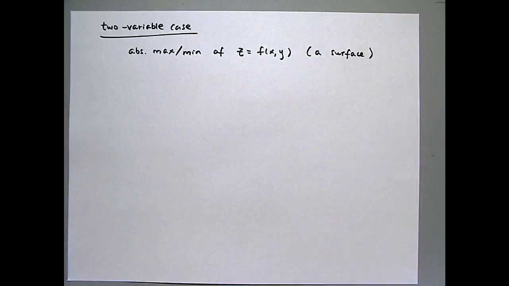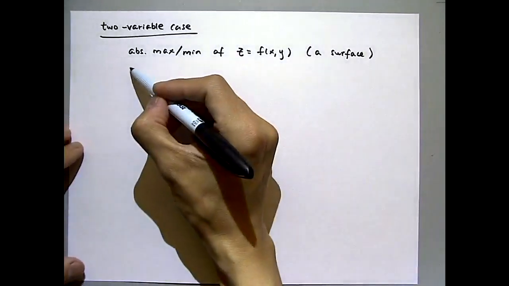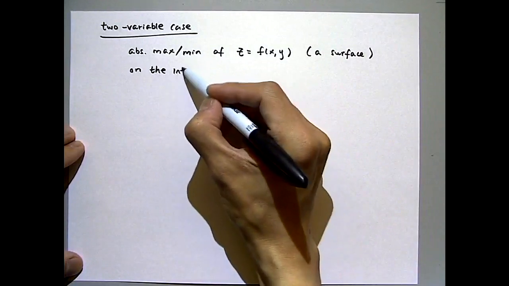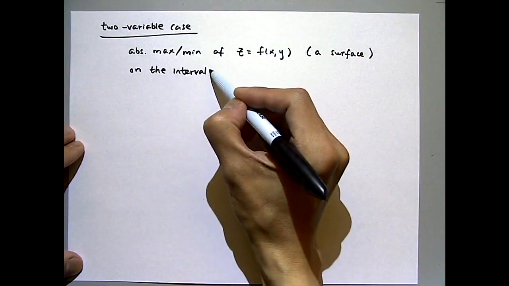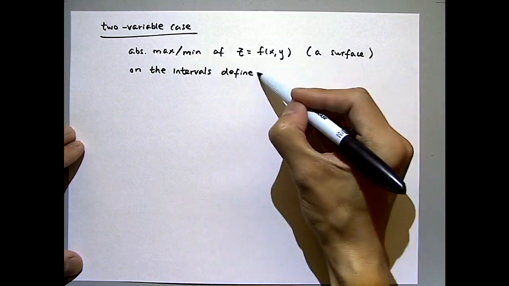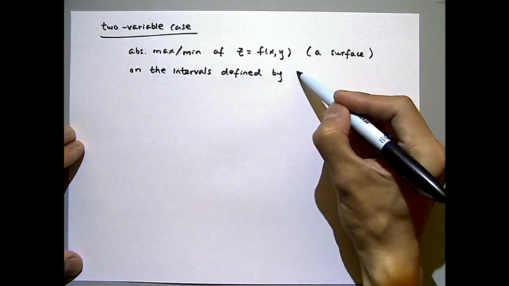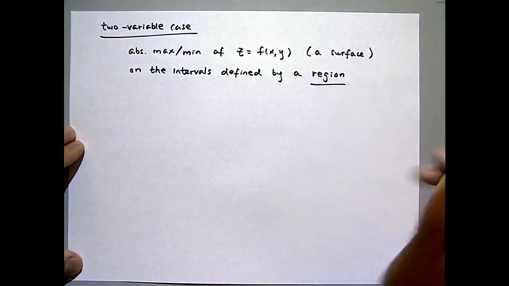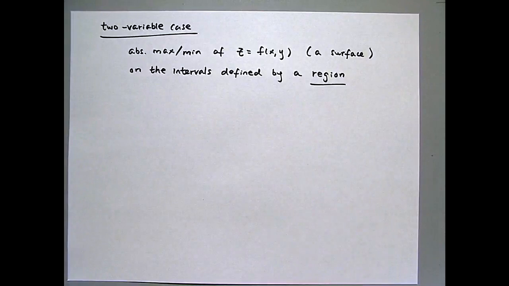This is some kind of surface now. And over an interval, that's now defined by a region.